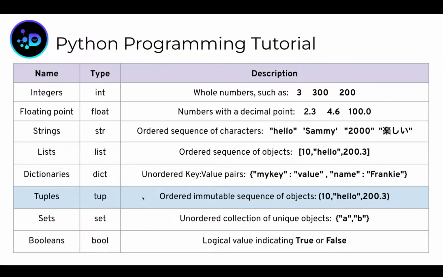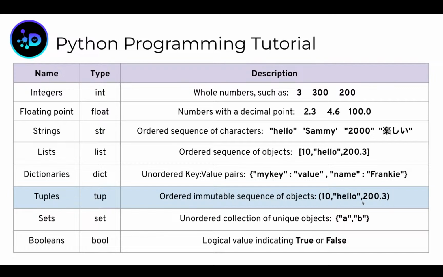And next, we also have tuples, right? So tuples are an ordered immutable sequence of objects. When they say something is immutable, that means you cannot modify it, all right? Here we have 10, hello, 200.3, and they are always inside parentheses.